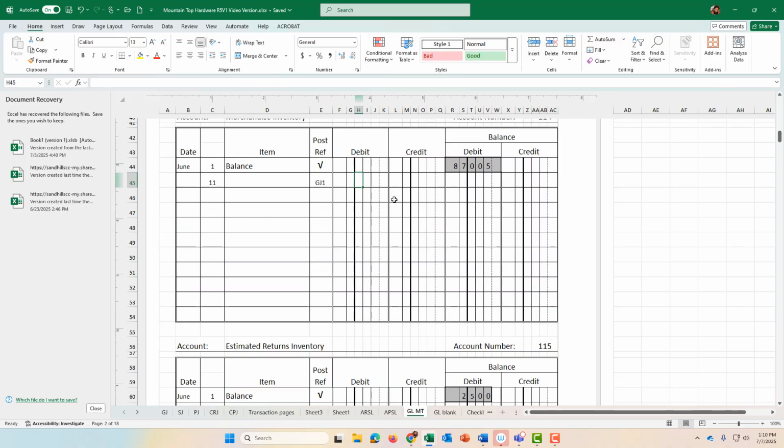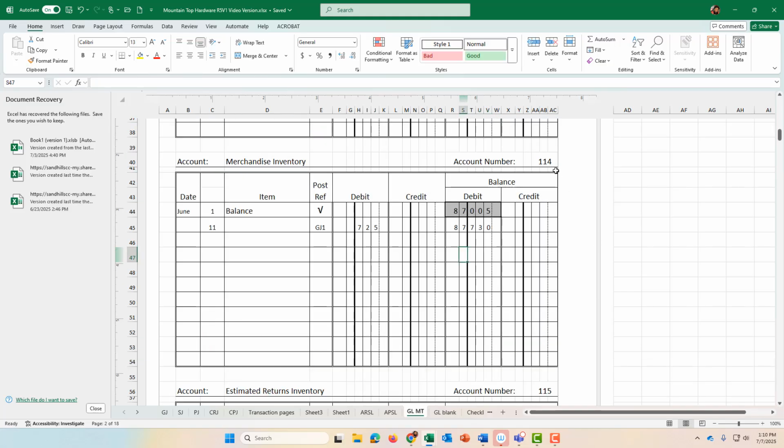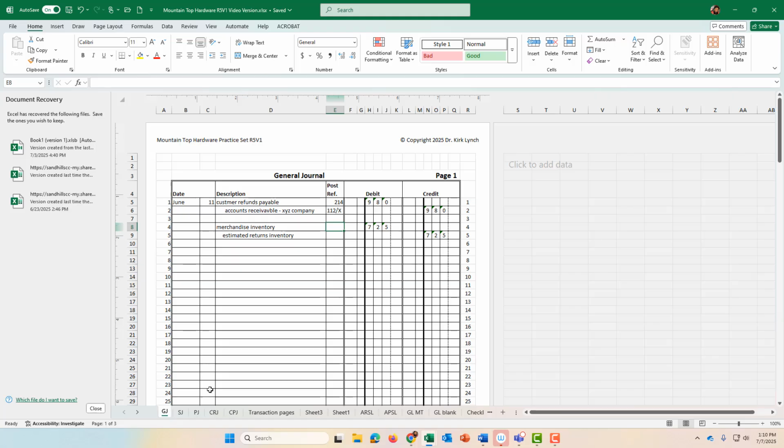So debit 725. That makes the balance of this account $730. Updating our balance, and that's account number 114. So back in our general journal, we put 114 there.